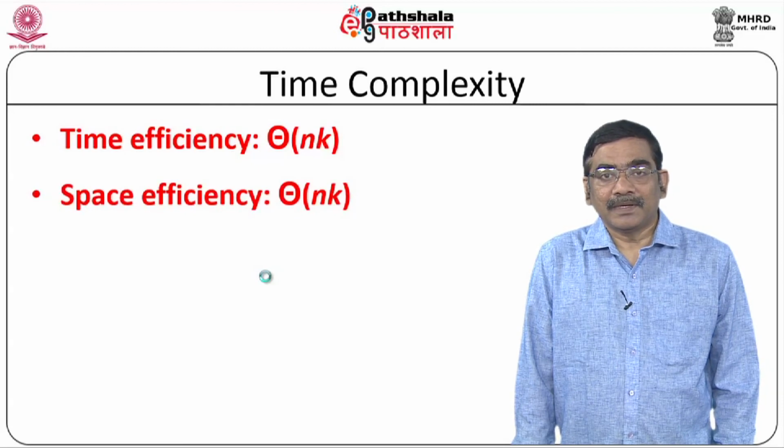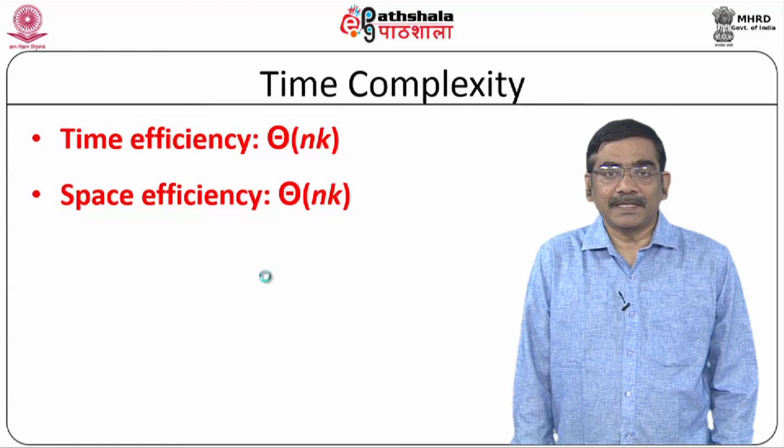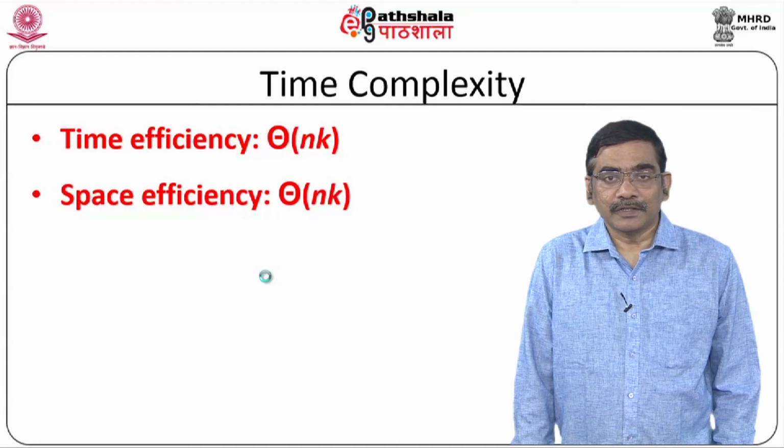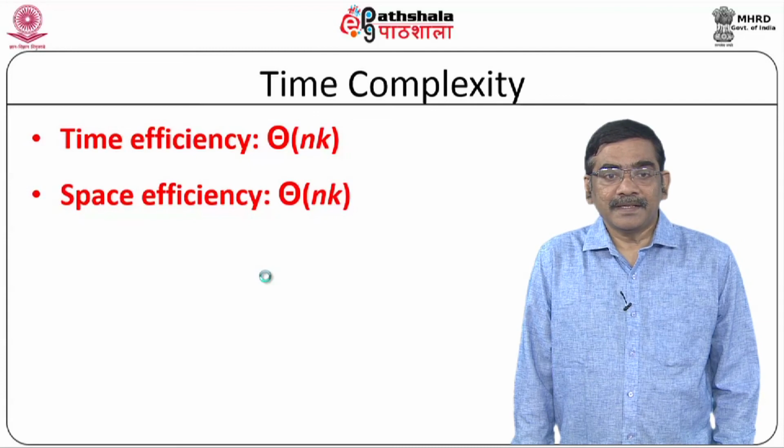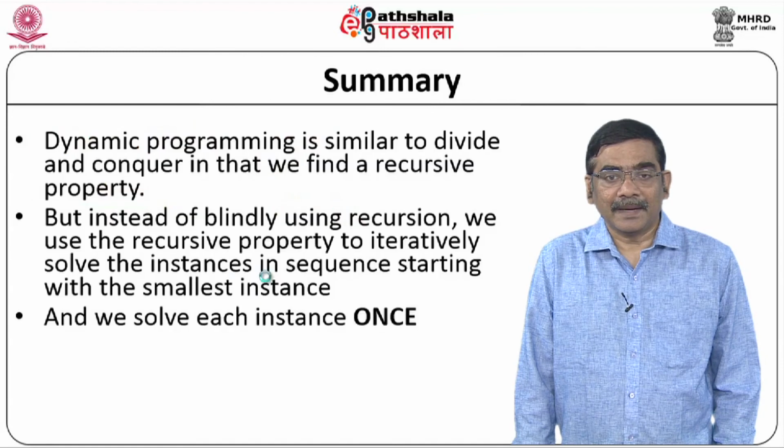Therefore, you can come to a conclusion that unlike our divide and conquer approach, this algorithm is not going to be exponential, but rather a polynomial algorithm. The space efficiency is also theta of n k. That means it uses less space and it is totally dependent on the values of n and k.